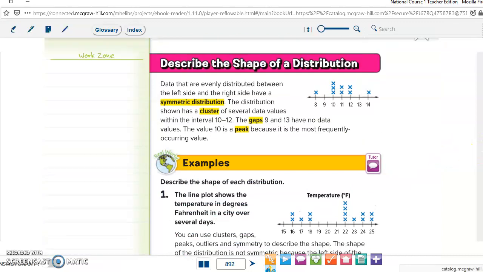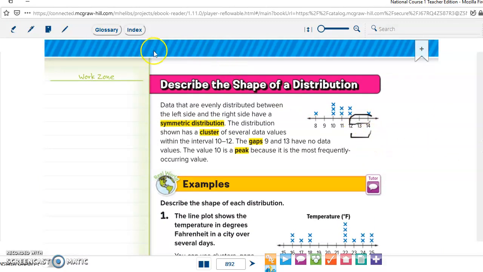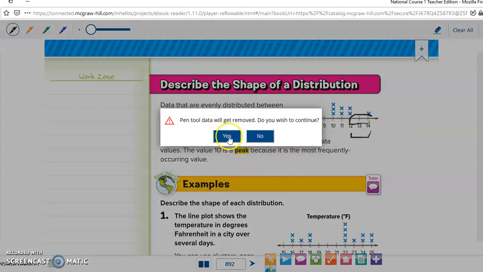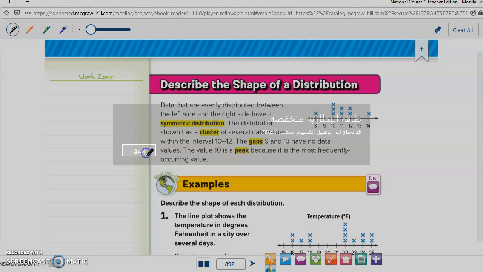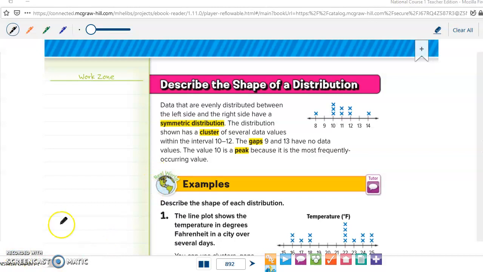Now we see here number lines and we see many values. I will clear all of it. You see this number line and I have many values. Yeah, we will start. See, symmetric distribution. There is a problem with my battery. I will continue now.